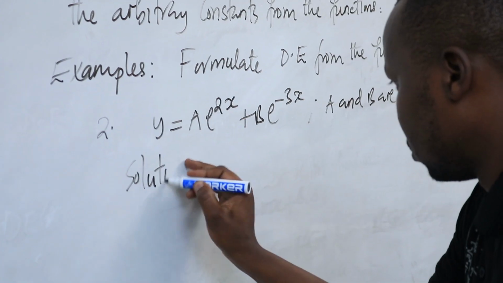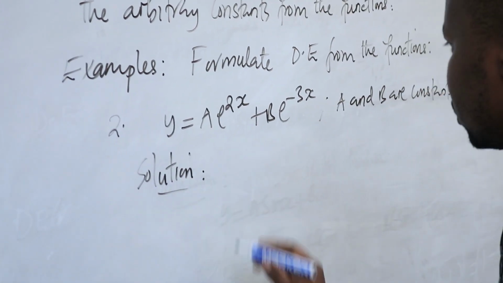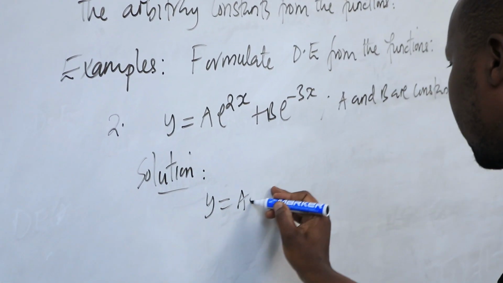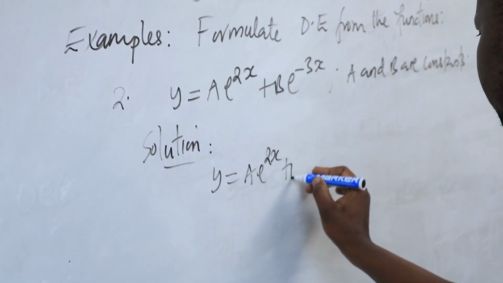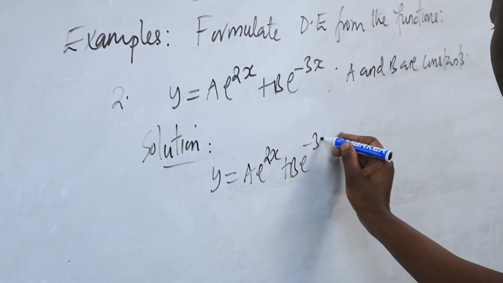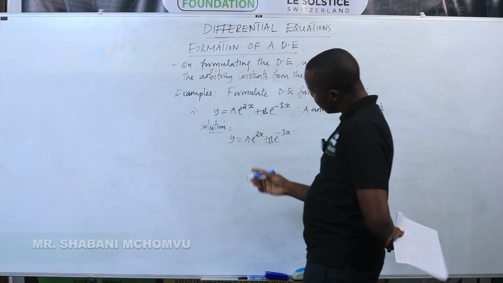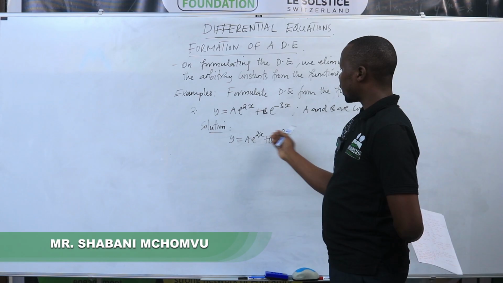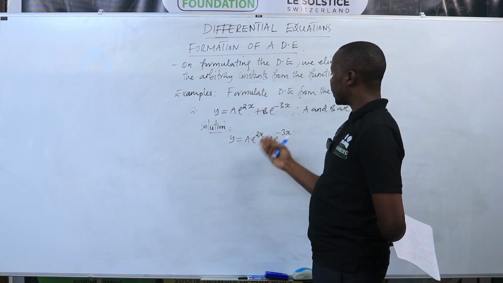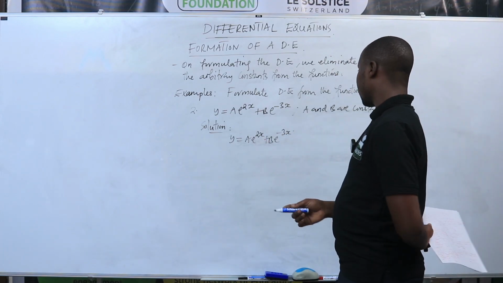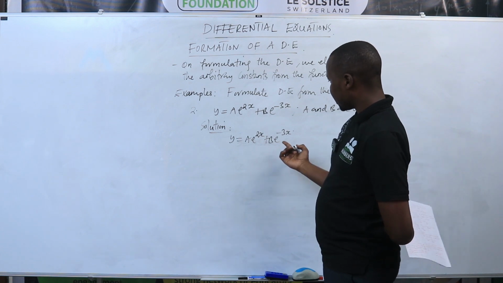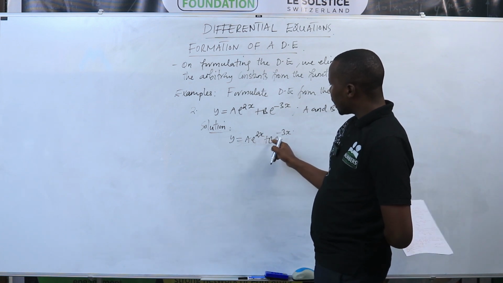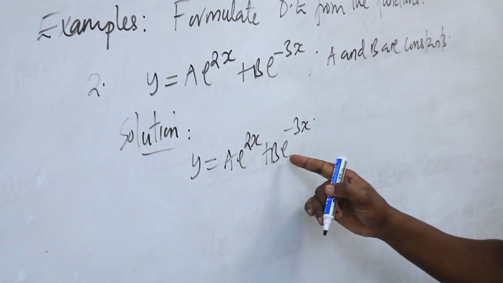Solution. From y equals a e raised to 2x plus b e raised to negative 3x, we don't have a known approach, but you can try to check how to simplify and eliminate a and b. By starting, it is better to remain with one arbitrary constant, either a or b. How?